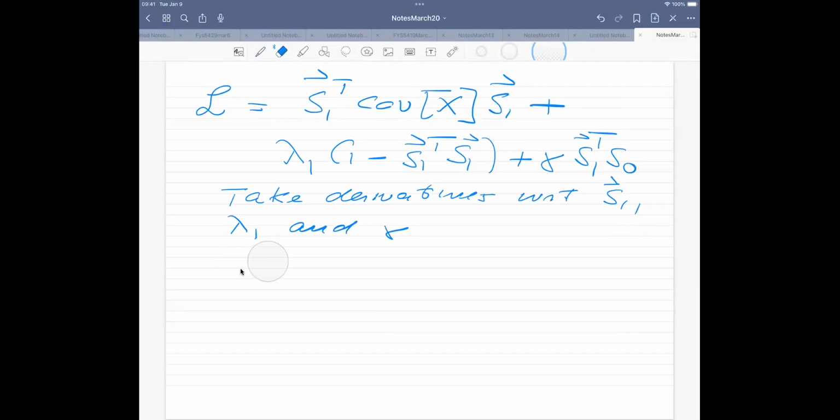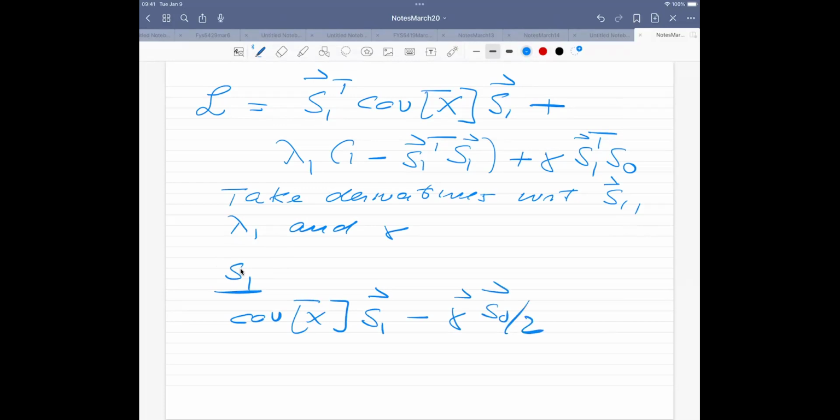So if you just look at the different derivatives here, let's just take the derivative with respect to S1. Now, this is going to include a factor of a half, so I'm dividing away a factor of a half. So I get the covariance of X multiplied with S1 plus gamma of S0 divided by 2, because I get a factor of 2 from the derivative here and also the derivative here, because this is S squared in principle, if these were scalars.